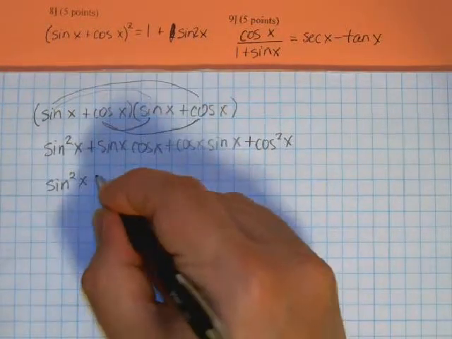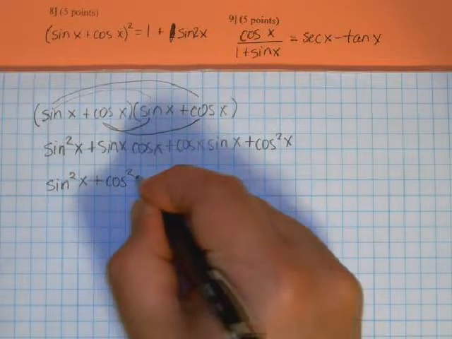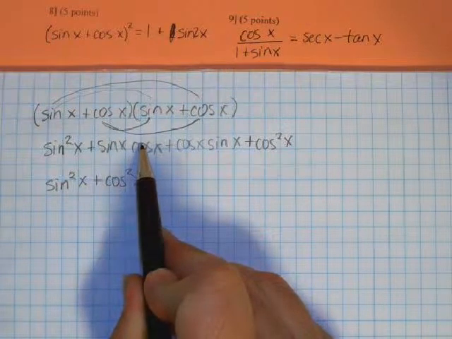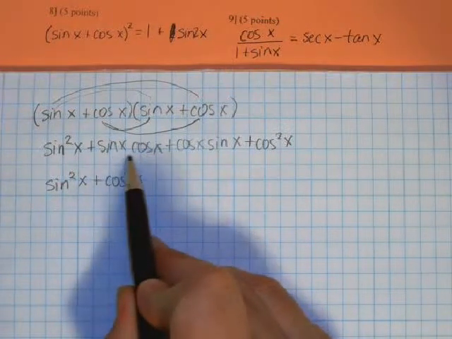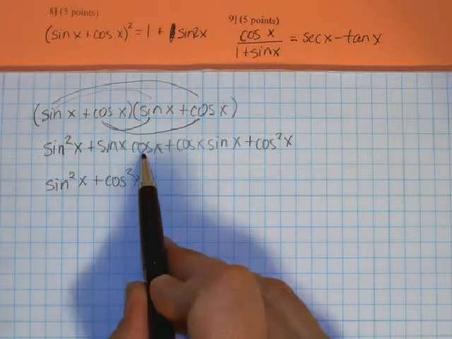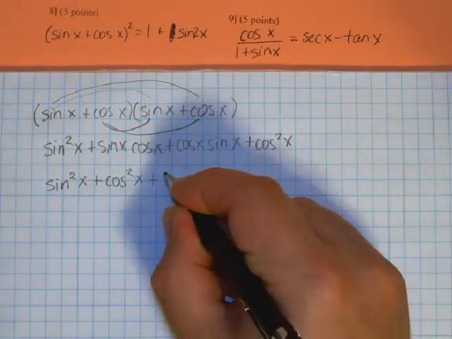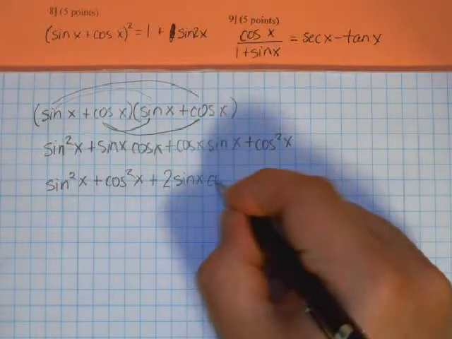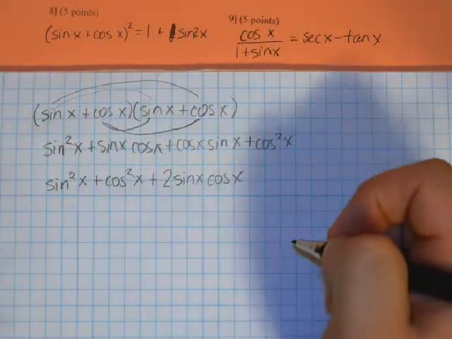So I'm just going to rewrite this as sine squared plus cosine squared. And notice these two really are the same. Multiplication is commutative. So sine times cosine is the same as cosine times sine. So I'm going to rewrite this as 2 sine x cosine x.